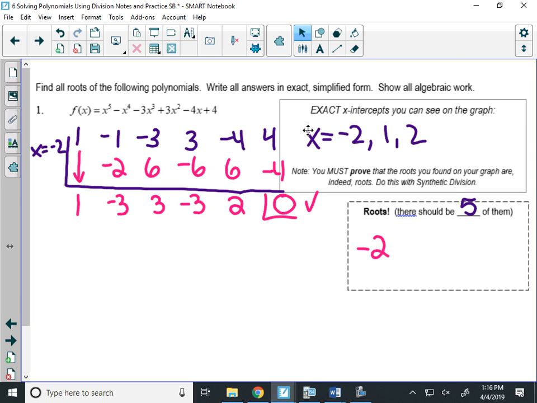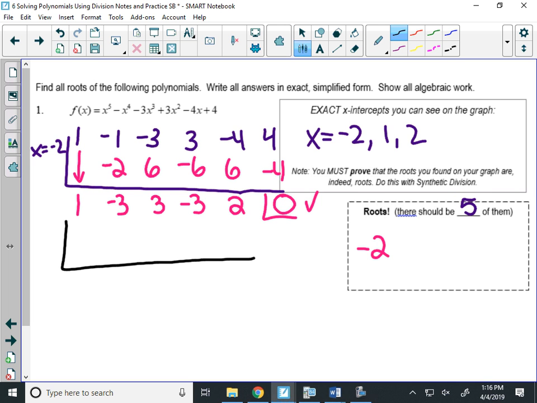So here's what we're going to do so that this actually helps us. We're going to draw, and I'm just going to connect the boxes. We're going to do synthetic division again, and we're just going to continue it. We're going to make a chain of synthetic division here. So those numbers you just got, those are the coefficients of the new polynomial. So let's test x equals 1.